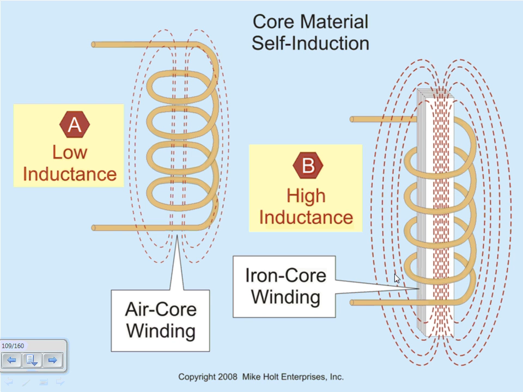To increase the self-inductance of this coil, you can add more coils, or you can use a different material, or you can increase the amount of current that goes through it. Instead of putting in air, if you have conductive material right inside the coil, that will strengthen your coil.